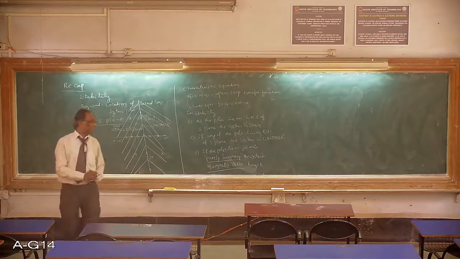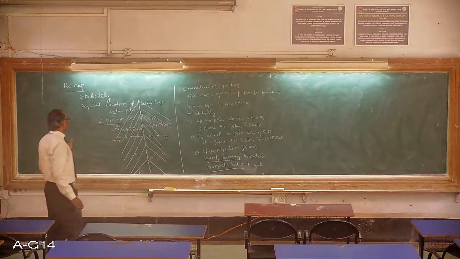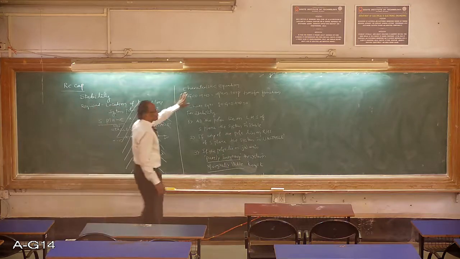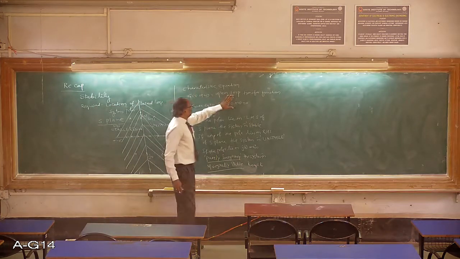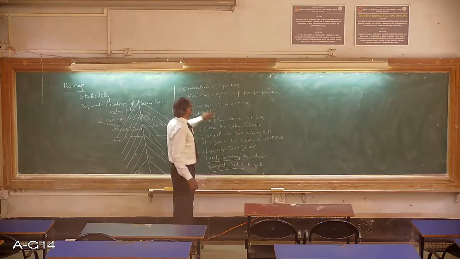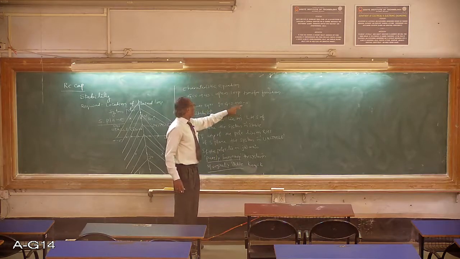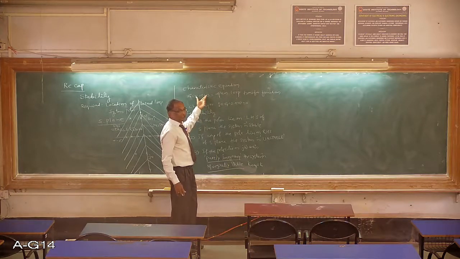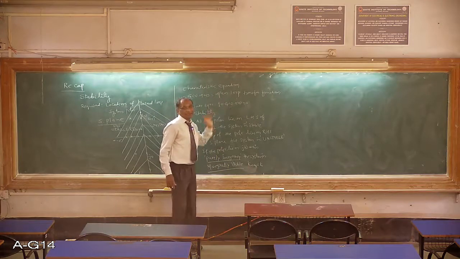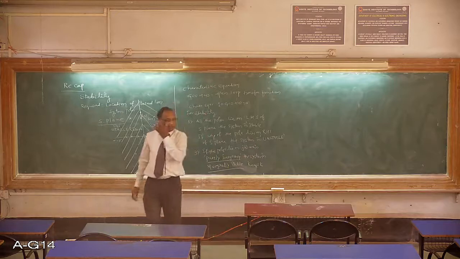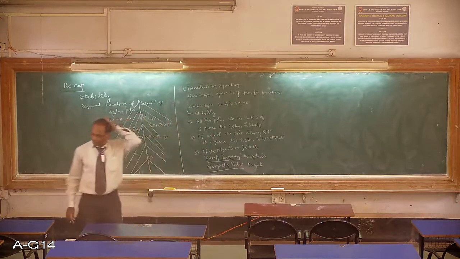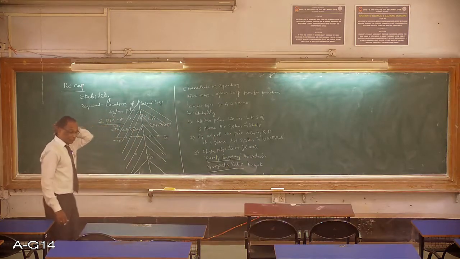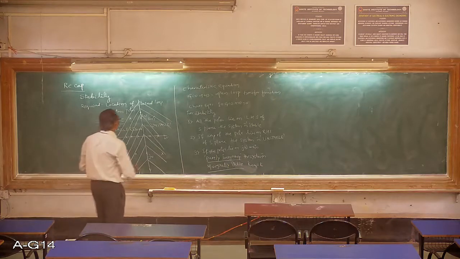So first, you are supposed to get the characteristic equation. For numericals, the characteristic equation may be given directly, or the open loop transfer function may be given. If the open loop transfer function is given, you need to find the characteristic equation. If the characteristic equation is directly given, you need not find 1 plus GH. Directly you have to solve for the location of the poles.